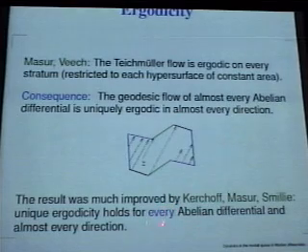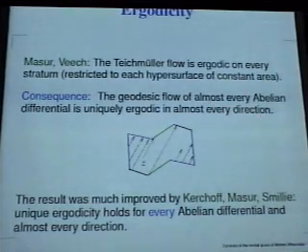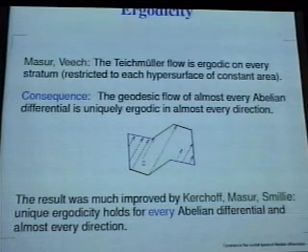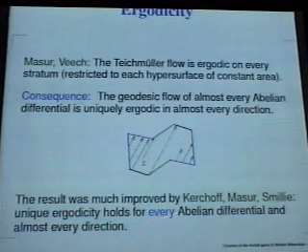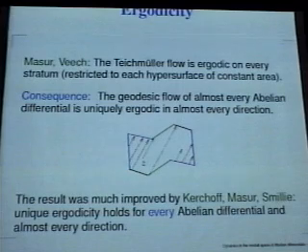That's why I highlighted this word. It doesn't have to be for almost every surface. It's for all surfaces, and then for almost all directions. So you don't need to perturb the polygon when you start. You can start with any polygon and then choose the direction with full probability, and you get unique ergodicity.